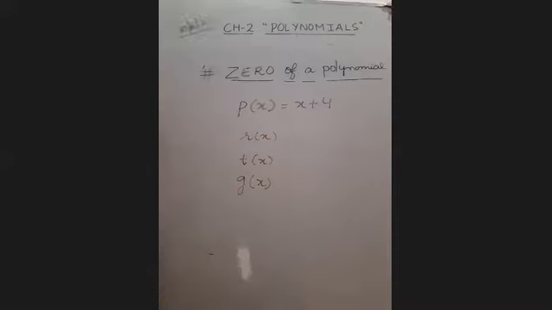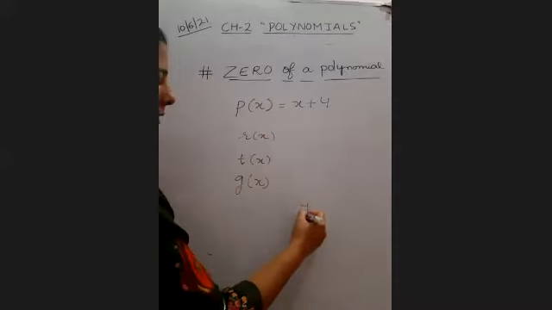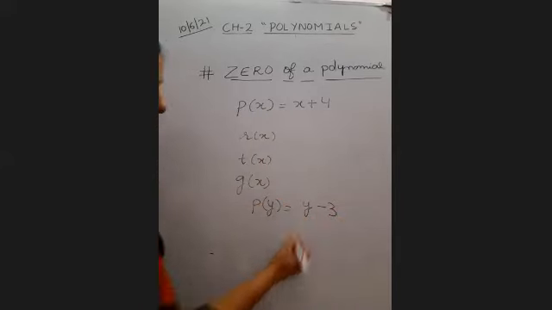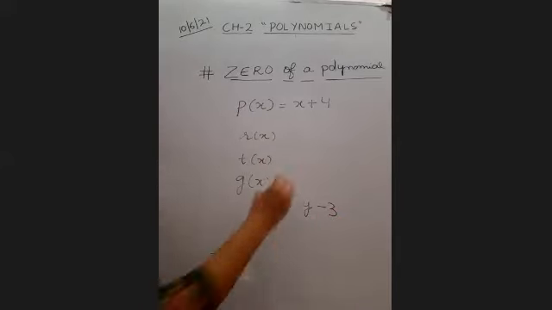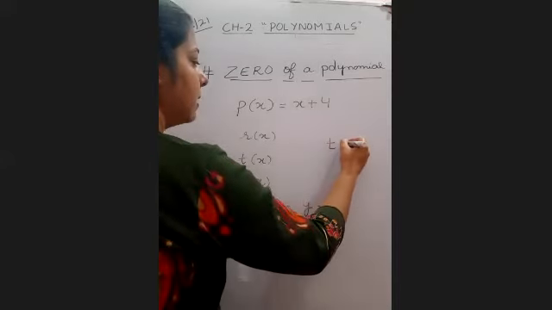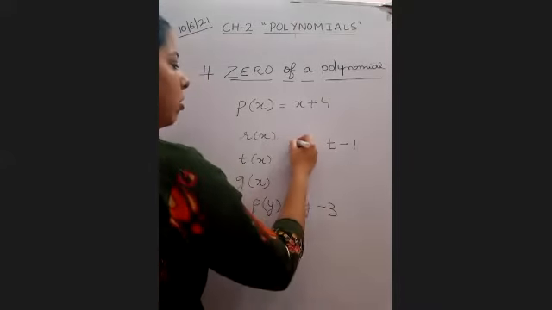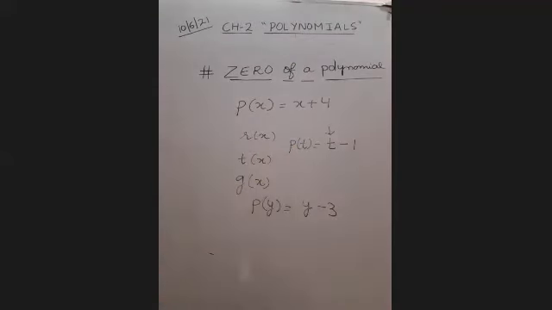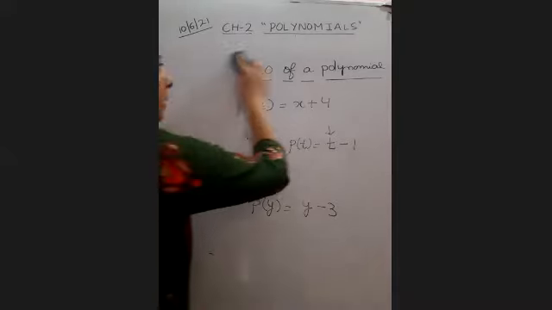If the polynomial is in y, suppose y minus 3, we can name it p(y). If it is in, let's say, t minus 1, so we call it p(t). Whatever the variable used, that variable name we assign to it. Okay? Clear? Yes, ma'am.